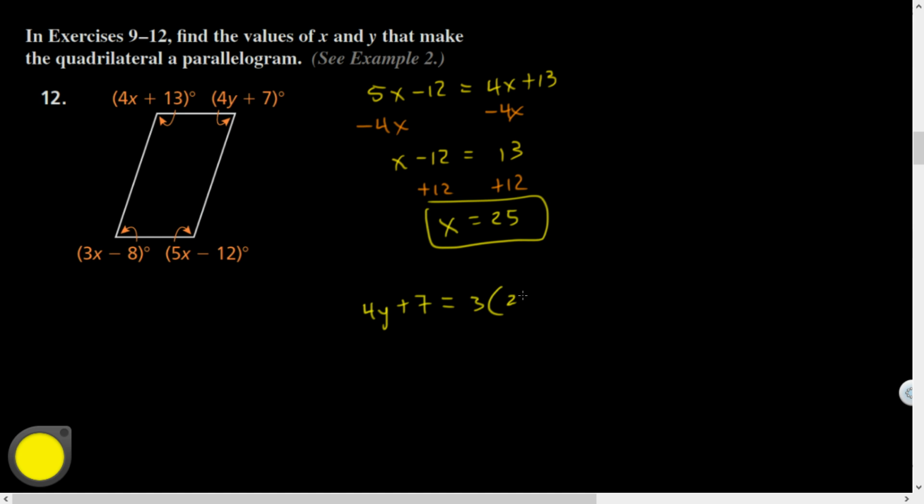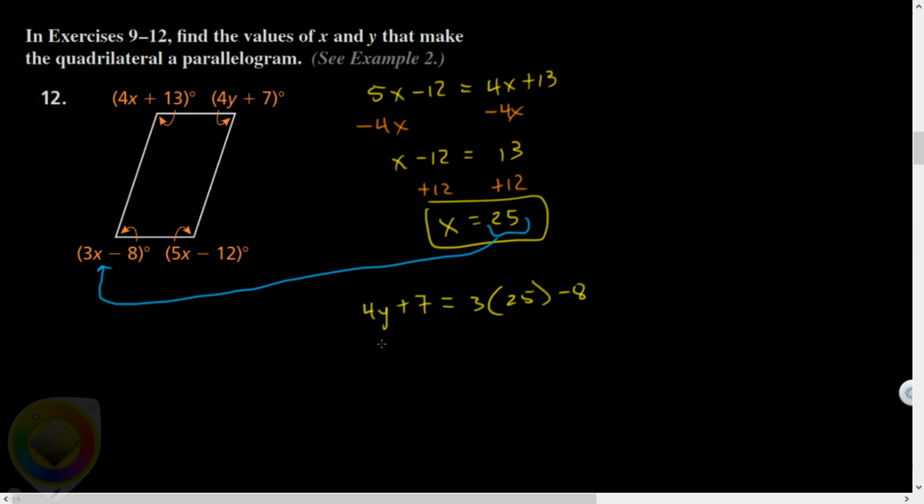Using substitution, I could plug this in for x, and then equate those two things because opposite angles are going to be congruent. So 4y plus 7 is equal to 75 minus 8. What's 75 minus 8? That sounds like 67?